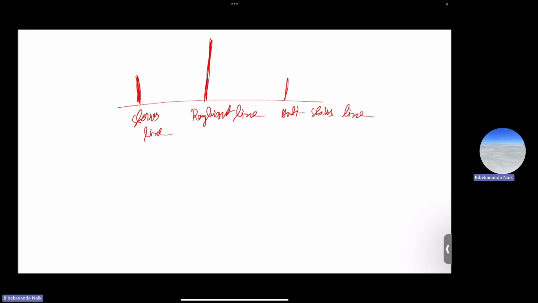The intensity of the Stokes line is more than the intensity of the anti-Stokes line.